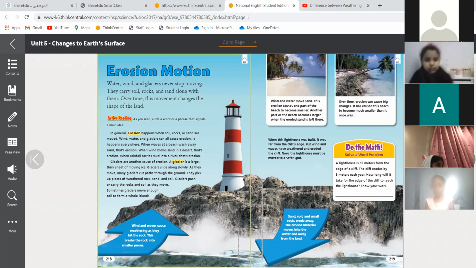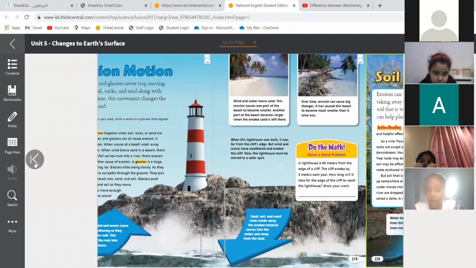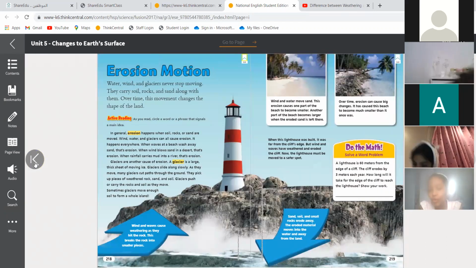Miss, I taught my dad about erosion. It's because he didn't know. Because I just learned this. Okay, can you tell me what information you told him? Okay.